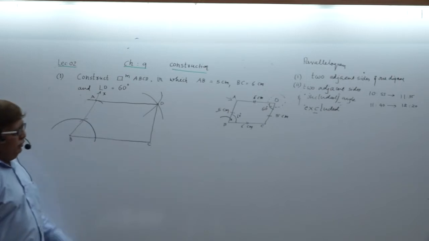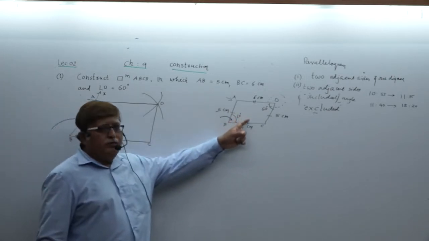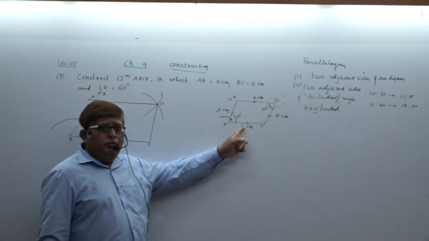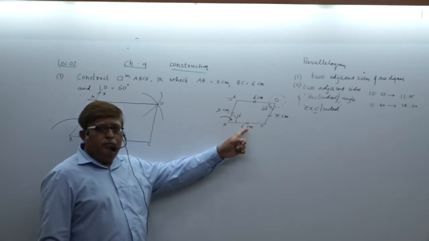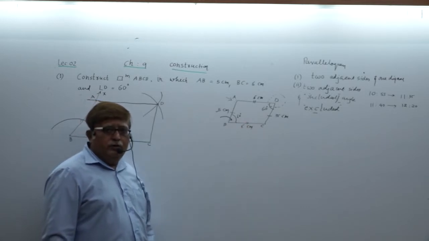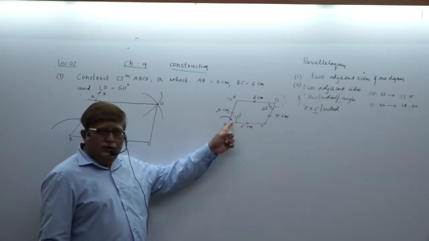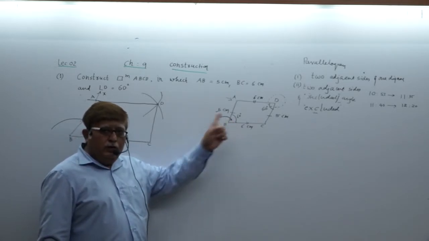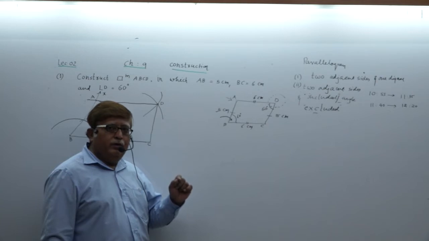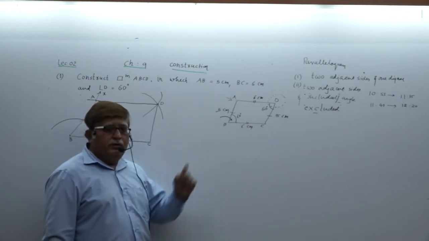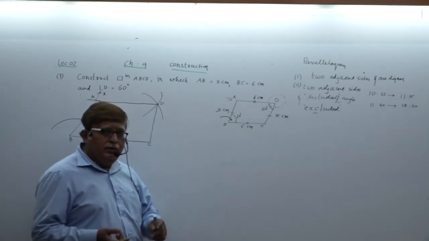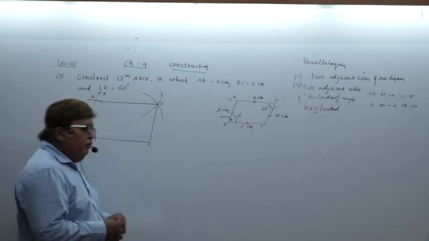Even if an excluded angle is given, you can apply the second property of parallelogram which says that opposite angles are congruent. So if angle B is not given, which is essential for complete construction of the parallelogram, but D is given, then D and B are already congruent angles as you all know.